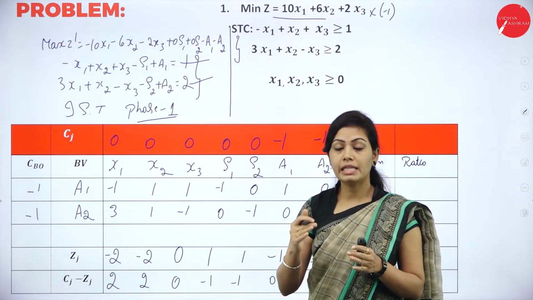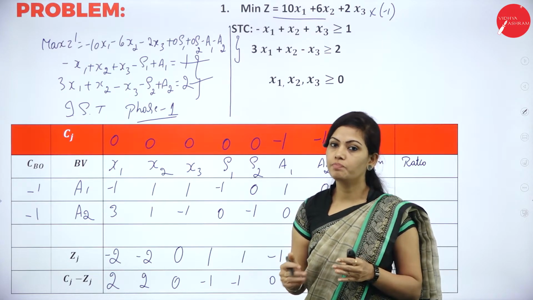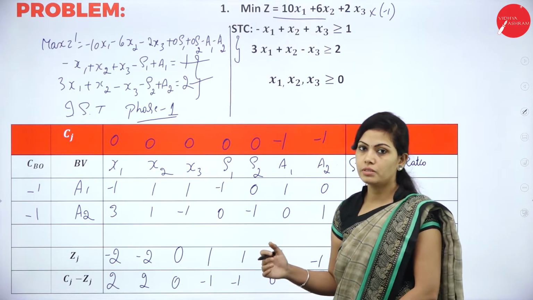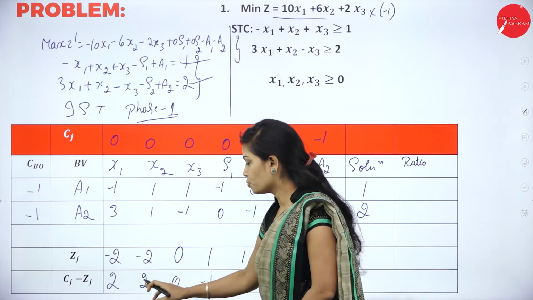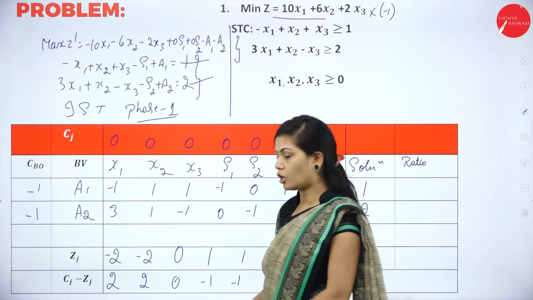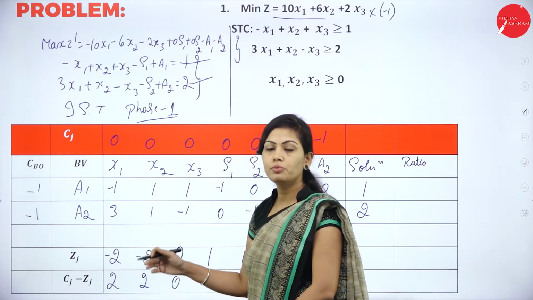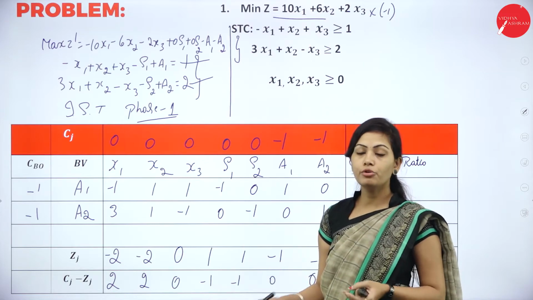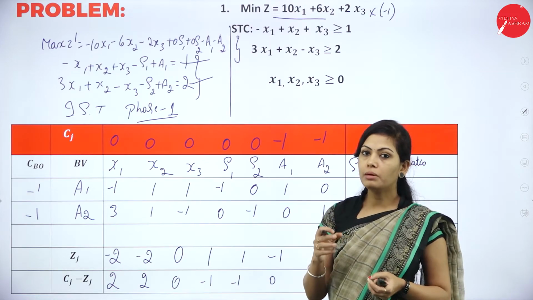Till then we have to do the iterations. Here we have 2, 2, 0, -1, 0, 0. So it is not satisfying the optimality condition, so I can move further. Again we have to select the maximum value for getting the key column and key row.